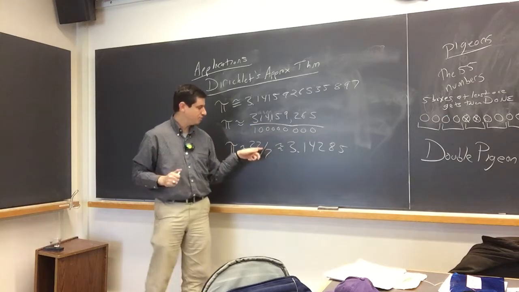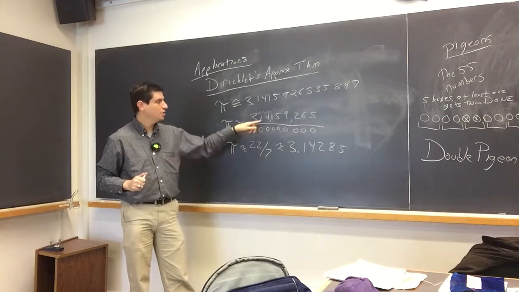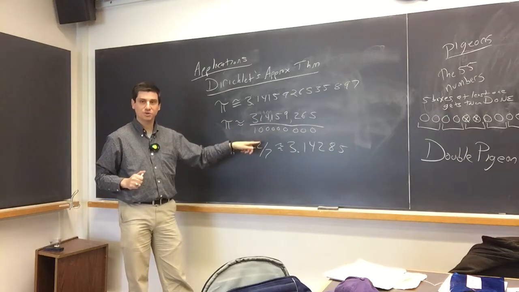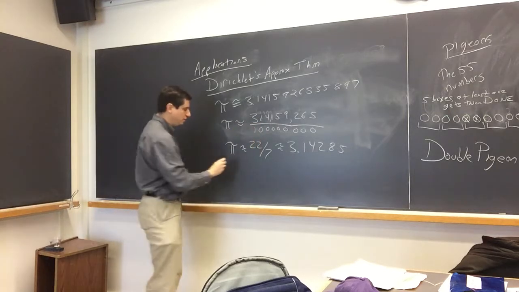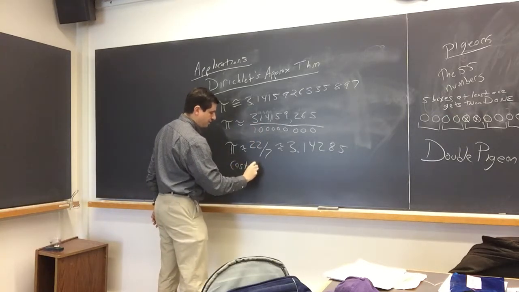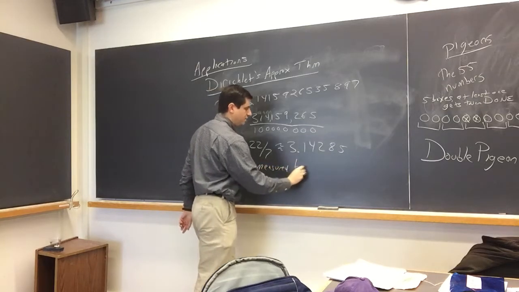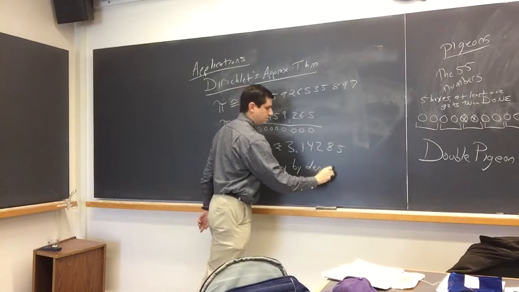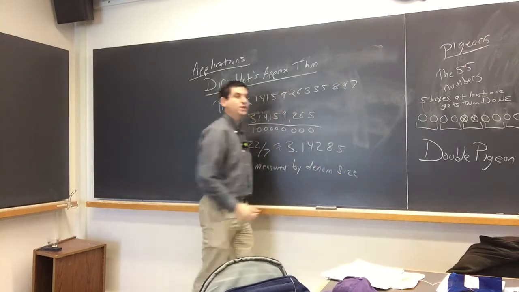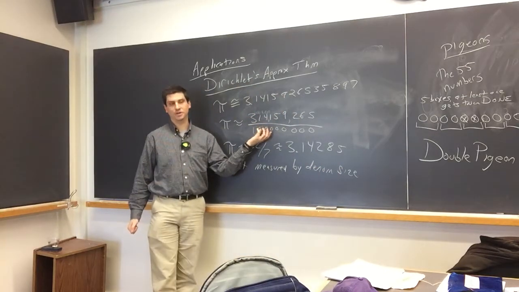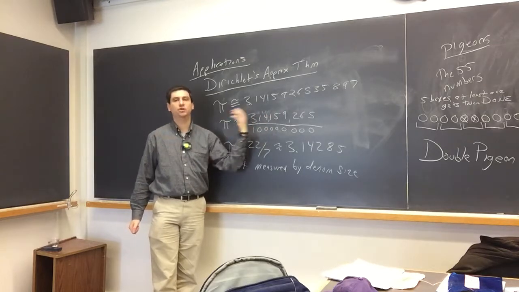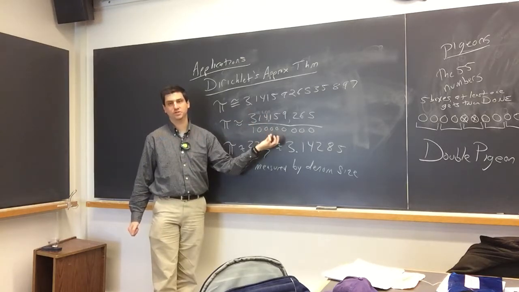So can I find a better approximation than 22/7, which is as good as this, but with a small denominator? So really, the cost is measured by the denominator size. Frequently, we'll measure it by the log of the denominator, because the log of the denominator will be a good proxy for the number of digits.